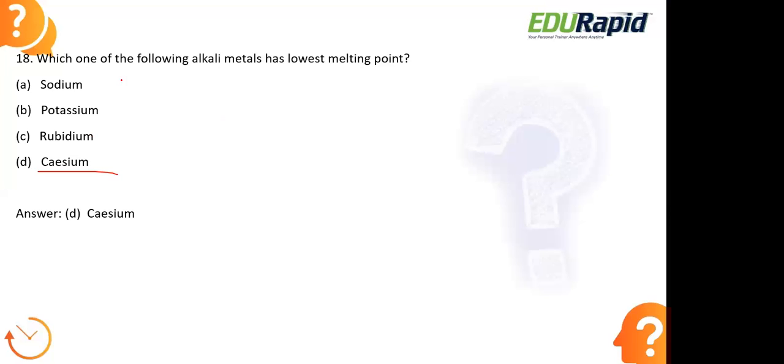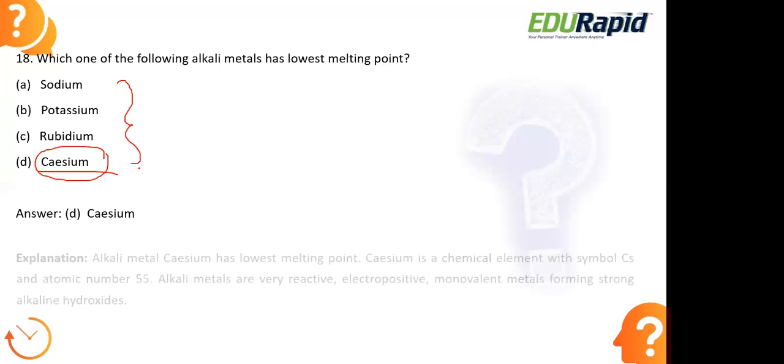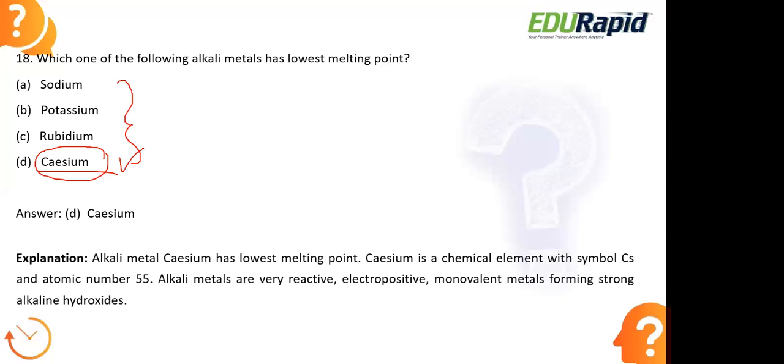Out of all the options that we have, all of these are alkali metals. Out of all of these alkali metals, the one with the lowest melting point is cesium. Even room temperature is sufficient to start it melting.